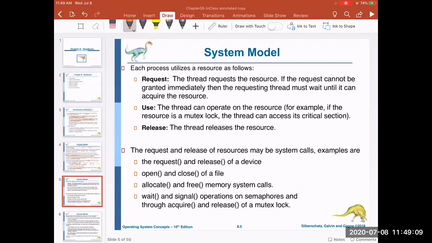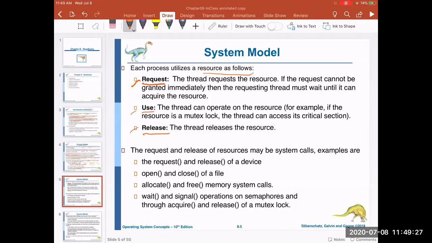For each process utilizing a resource, how is it done? It will request the resource, it will use the resource, and it will release the resource. So request, use, and release. These are basically the three steps.